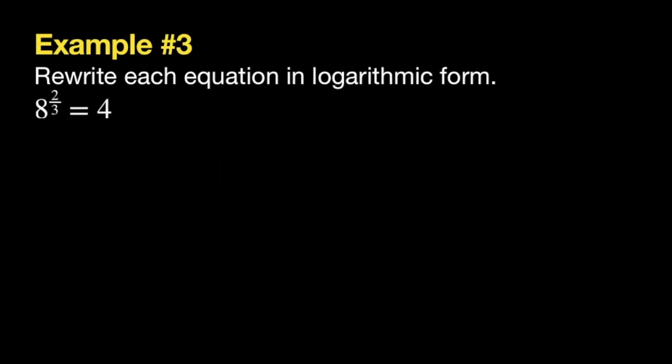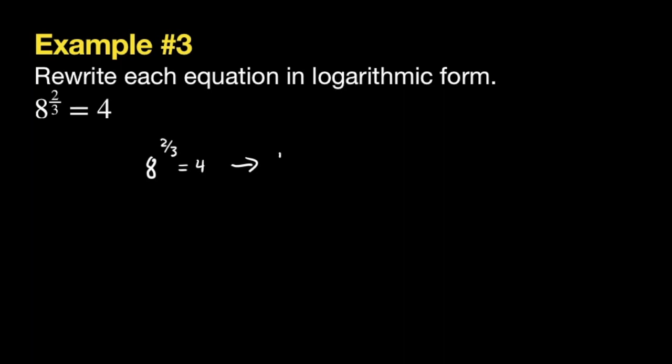Now we're going to change this, and we're actually going to go into logarithmic form. So we're going to rewrite it. So we have 8 to the 2/3 power is equal to 4. So when we change it, we know that the 8 is going to be your base.